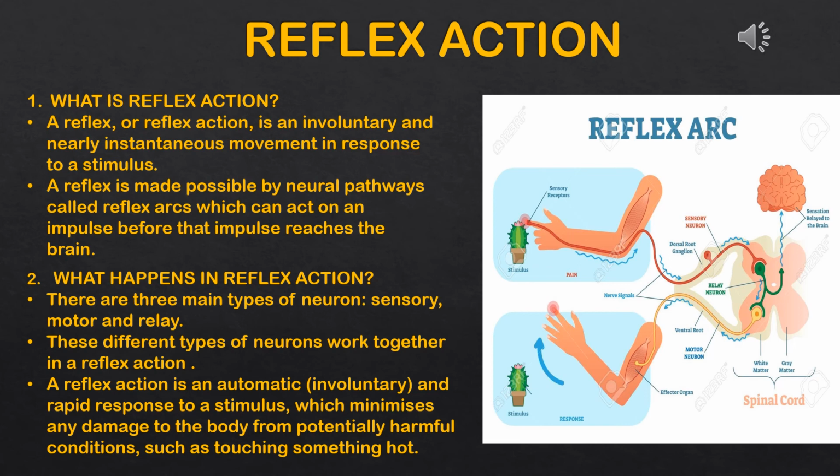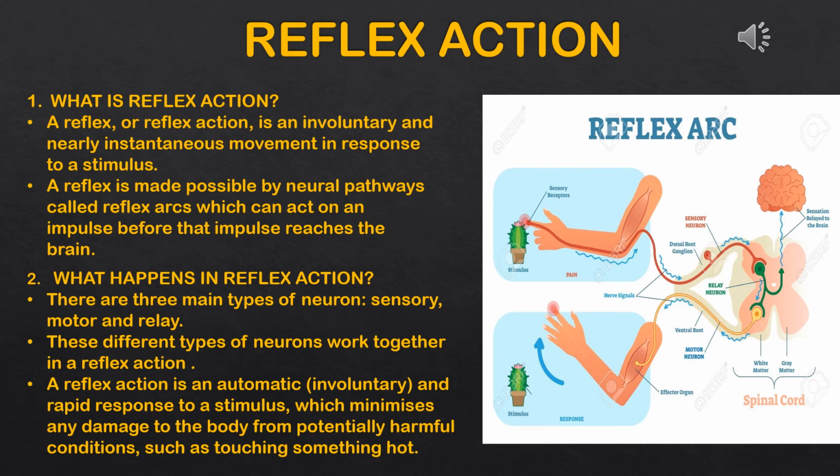Now, what is reflex action then? A reflex or reflex action is an involuntary and nearly instantaneous movement in response to a stimulus. A reflex is made possible by neural pathways called reflex arcs, which can act on an impulse before that impulse reaches the brain. So what happens actually in a reflex action? There are three main types of neuron: sensory neuron, motor neuron, and relay neuron.